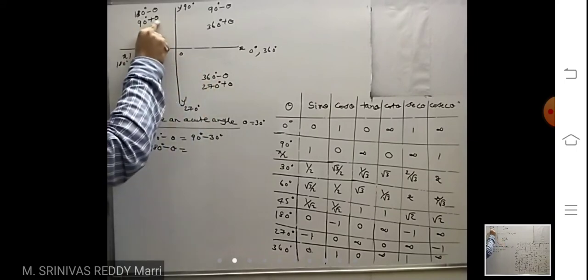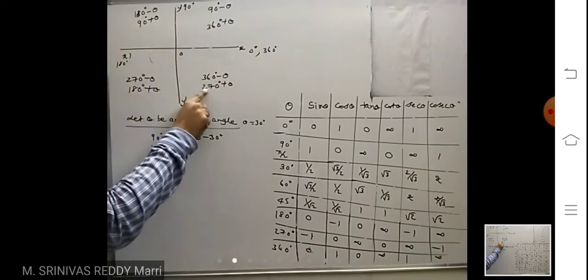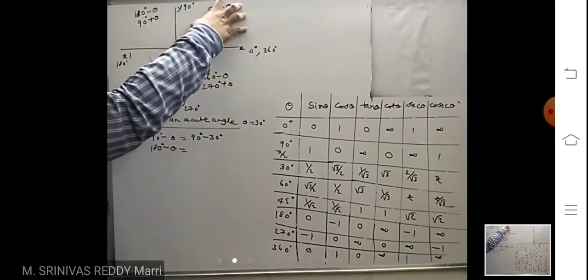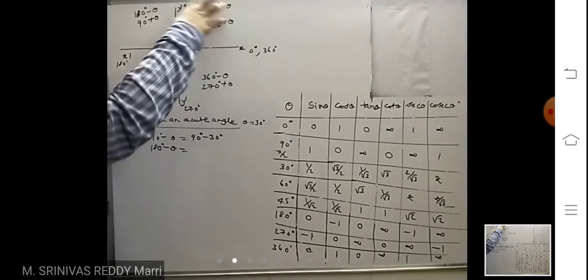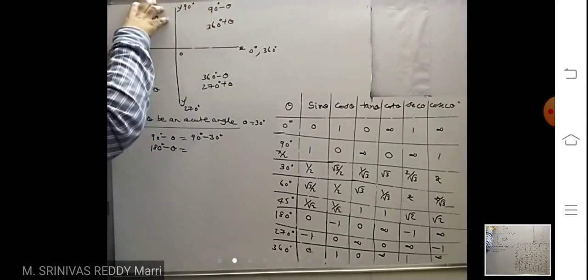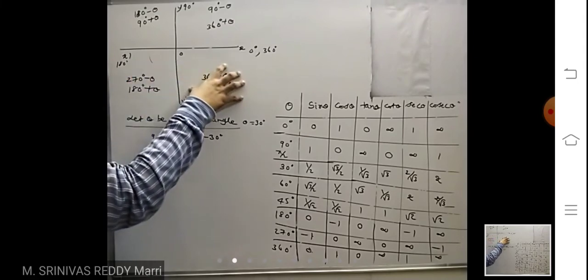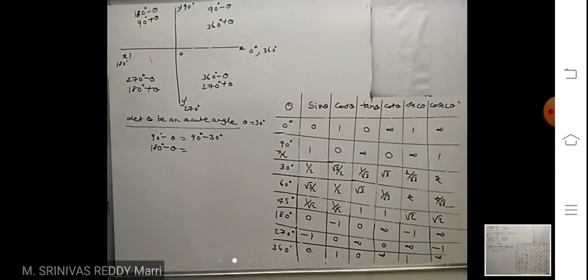Start from here: 90 plus theta, 180 plus theta, 270 plus theta, 360 plus theta. If the angles are of this form, it will lie in the first quadrant; of this form, second quadrant; third quadrant; fourth quadrant. Like that, in quadrants, angles will be like that.